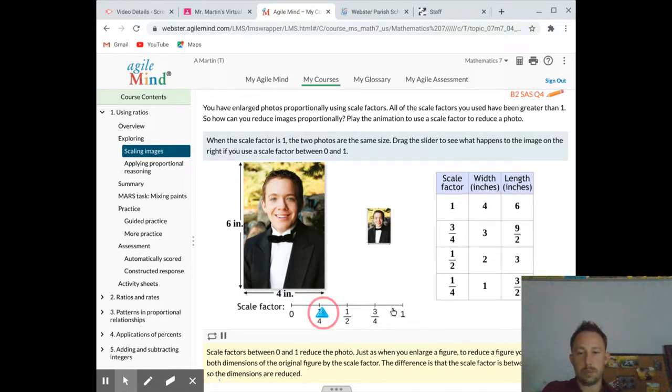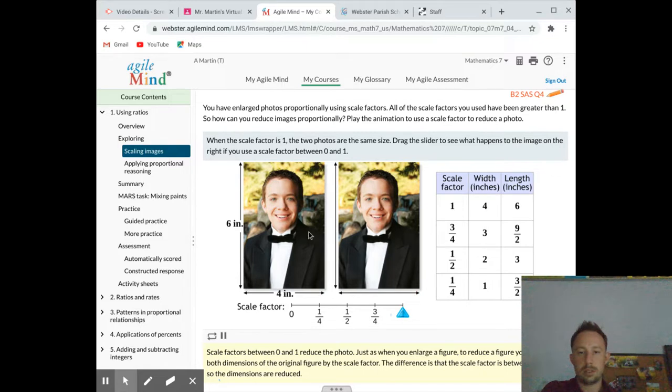All right, you think it would increase? So looking at our example, did it increase at all? No, it stayed the same. So what if our scale factor was 3/3? Would it stay the same, or would it get bigger, or would it get smaller? It would stay the same.